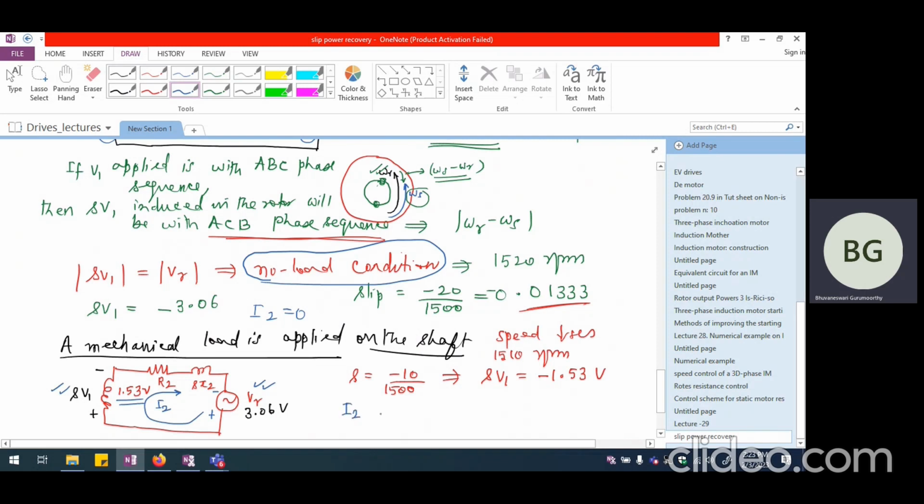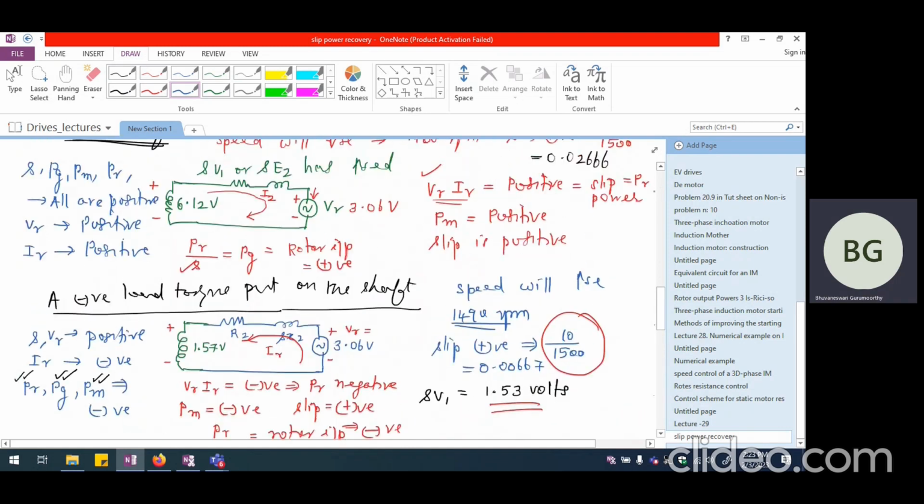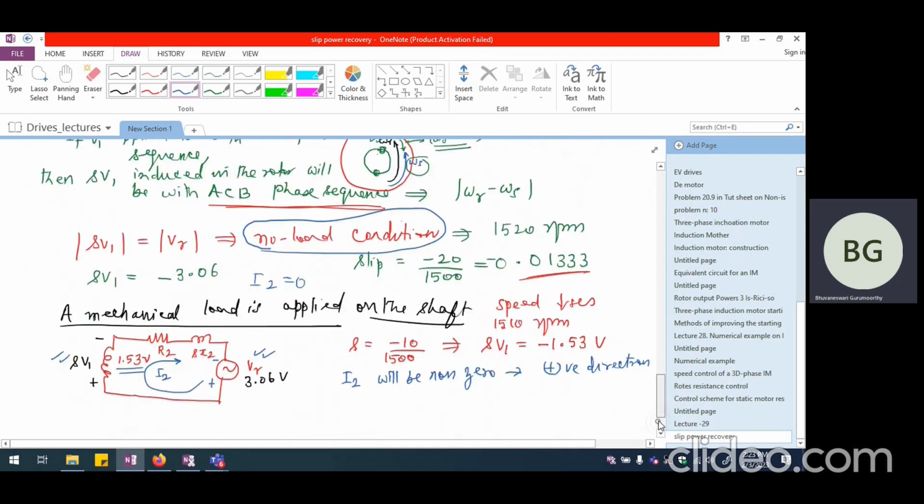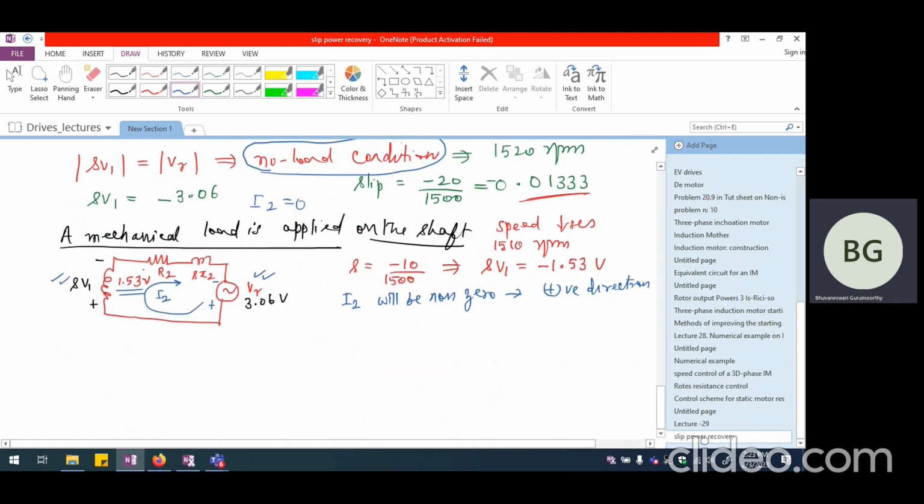So I2 will be non-zero and it will be in positive direction. Whatever we talked about in motoring operation, this is the direction we talked about, which flows from left to right. If I look at the top portion, the same way here also it is flowing from left to right.